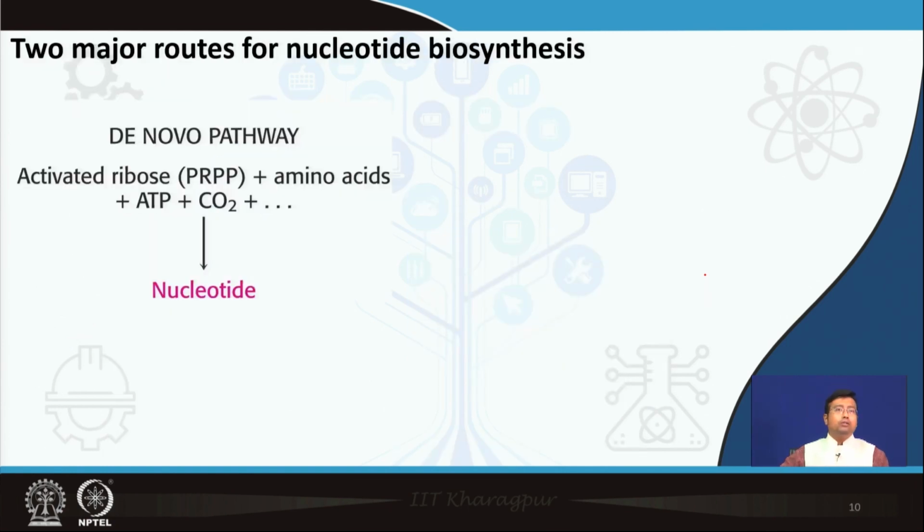So, 2 major routes. Number 1, de novo synthesis, where the main component is activated ribose in the form of PRPP, phosphoribosyl pyrophosphate, we will be discussing, right. After that come the amino acids, ATP, CO2, all of them, and there are many more, multiple intermediates which form this core purine molecule, right.